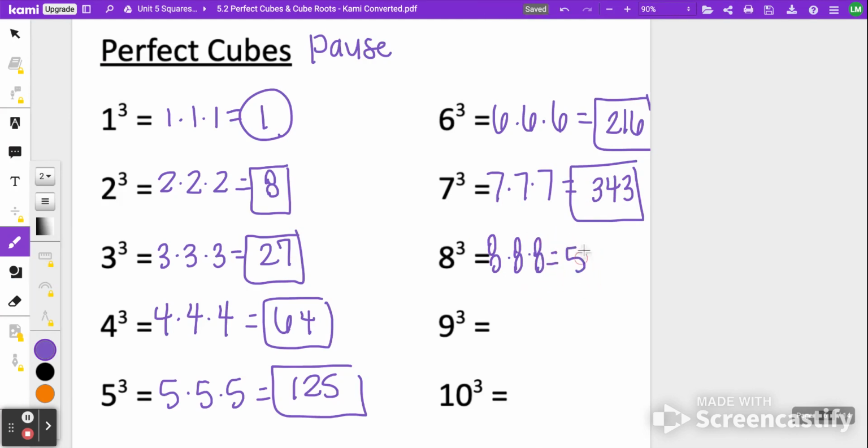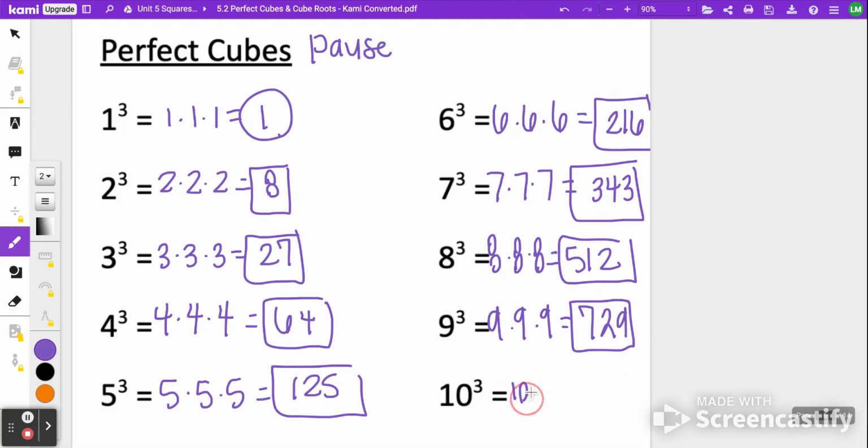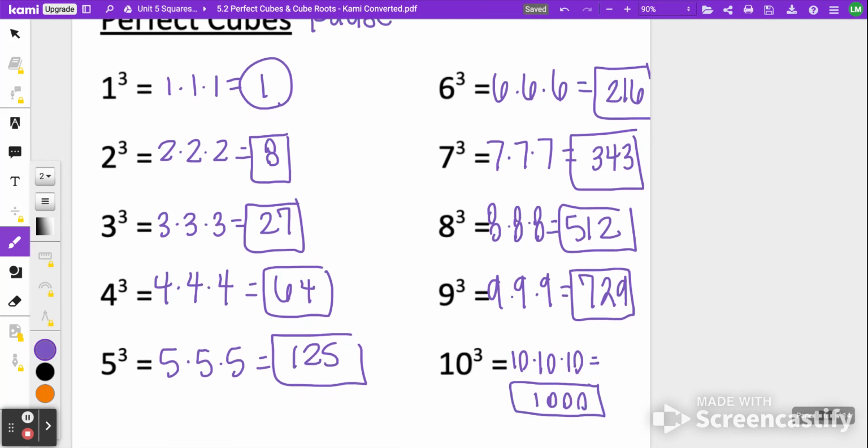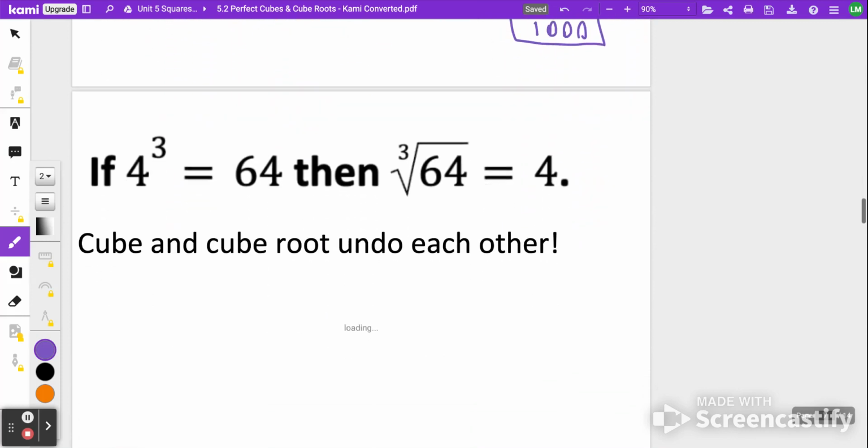You're going to get 512. 9 cubed, 9 times 9 times 9. You should get 729. And then 10 cubed is 10 times 10 times 10, which is a 1 with 3 zeros, or 1,000. Okay? Make sure you got all those correct answers, and let's continue on and try some questions.